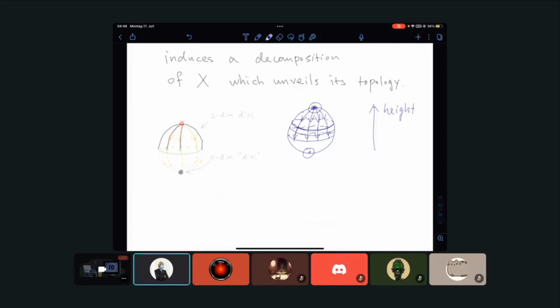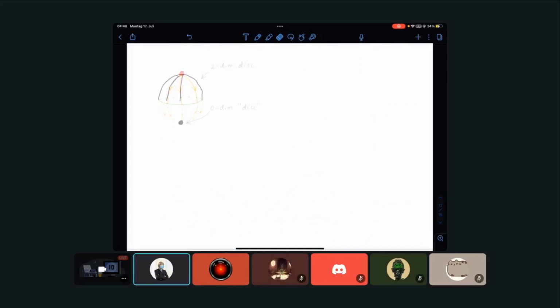What we are doing is to first start with a two-dimensional disk like this, to bound the first critical point by a circle. And then by going along the flow, we attach a disk to this zero-dimensional disk, which is the second critical point here. Okay, so that's what we're doing. That's one very, very simple example, and it's probably not convincing enough.